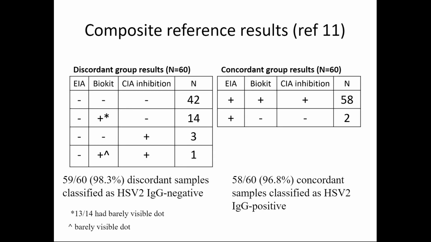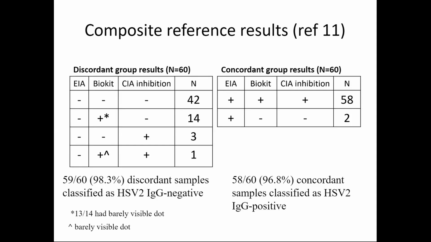In the discordant group, of the 60 samples, we found that 42 were negative in all 3 assays. Another 14 samples were negative in 2 of the 3 assays, EIA and CIA inhibition, but positive by BioKit.